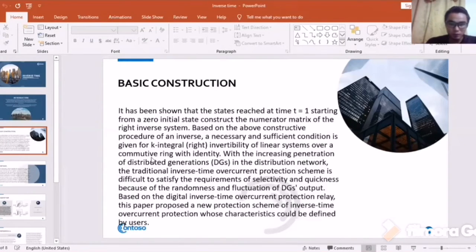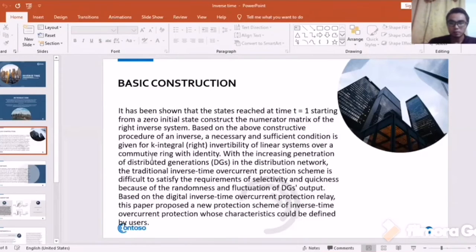Based on the above constructive procedure of an inverse, a necessary and sufficient condition is given for integral invertibility of a linear system over a commutative ring with identity.